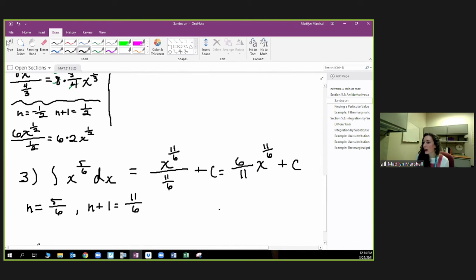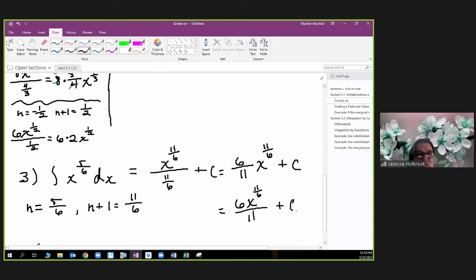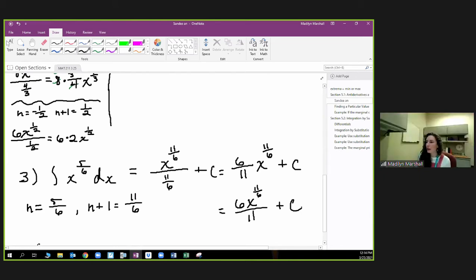And either that or 6x to the 11/6 over 11. It accepted it the first way too. Yeah, I think either of those is fine. Technically, this first way is also correct, but I don't like it that way. You should simplify fractions, which means flipping and multiplying.